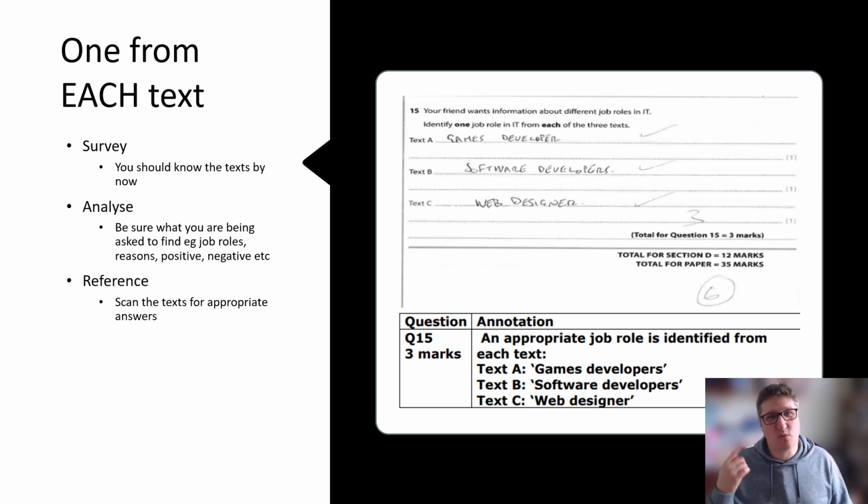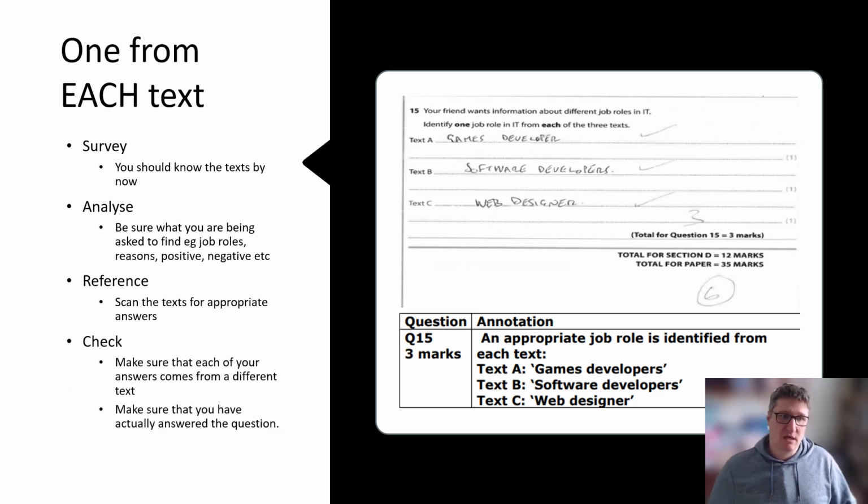Remember, you only have to find 1 in each text. So once you've found 1, move on to the next text. Make sure that each of your answers comes from a different text. Also, make sure that you have actually answered the question. That's kind of fundamental. If you haven't answered the question, then there's not a lot I can do.